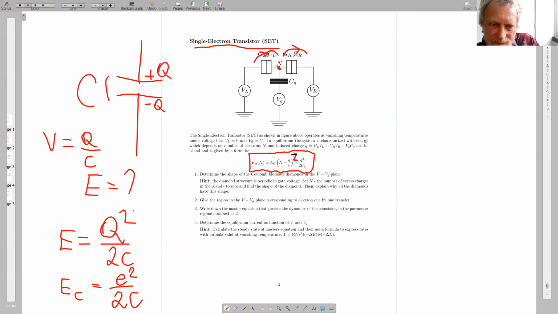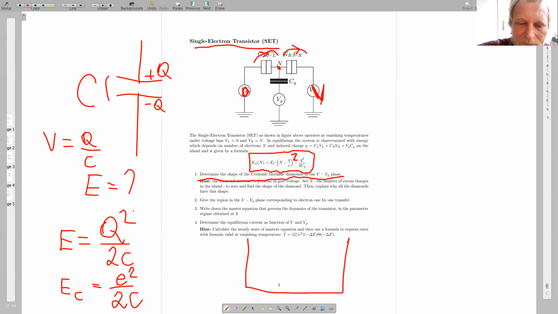Fine. All right. Now let us go with the tasks. What are the tasks? First of all, it is the shape of the Coulomb blockade diamonds in the plane of bias voltage and gate voltage.